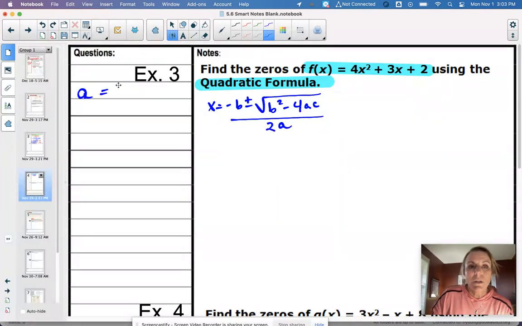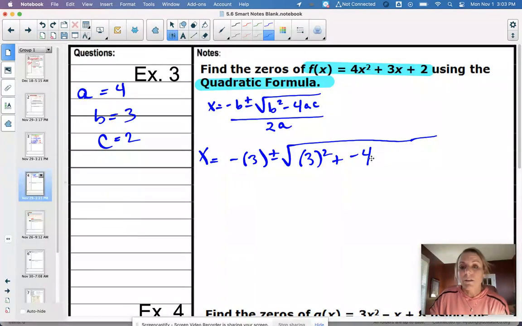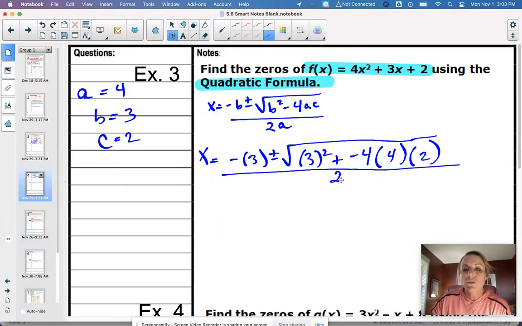I'm going to write down what a is, what b is, and what c is, and plug it in. -b, b is squared. I'm going to do plus a negative. Instead of -4, I'm going to do plus a -4. a, c, all over 2a.